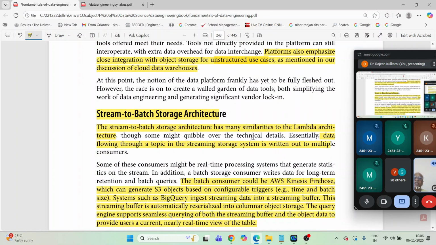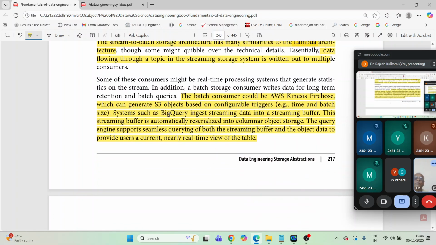Then you also have stream to batch storage architectures. You might have heard about Lambda architecture, which I might have mentioned in the class, right? They are similar to that. The technology you should remember here is AWS Kinesis Firehose.